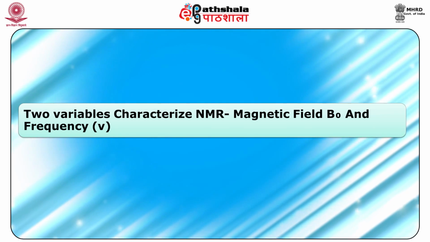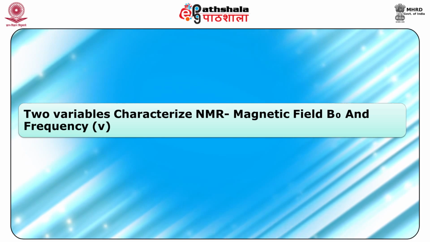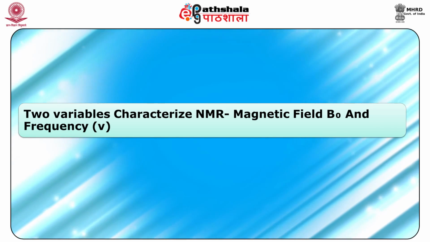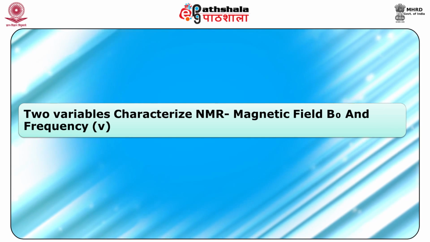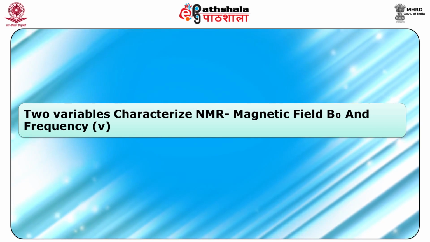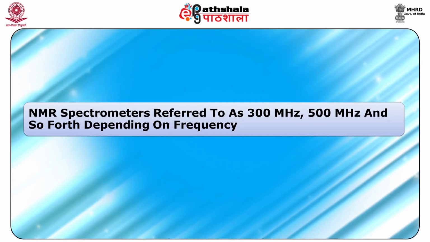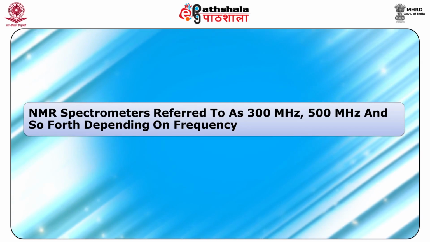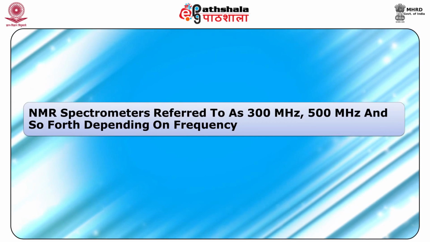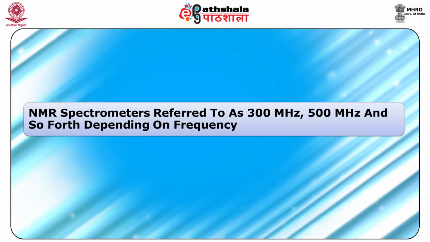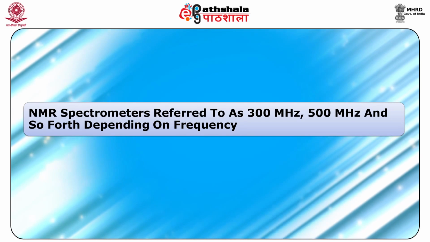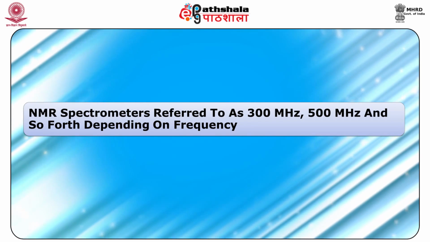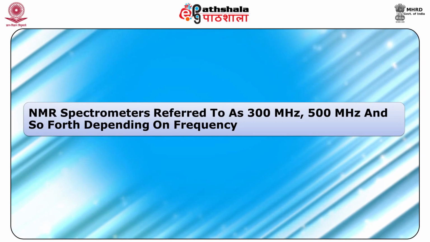So, the stronger the magnetic field, the larger the energy difference between the two nuclear spin states, and the higher the ν needed for resonance. NMR spectrometers are referred to as 300 MHz instruments, 500 MHz instruments, and so forth, depending on the frequency of the RF radiation used for resonance.